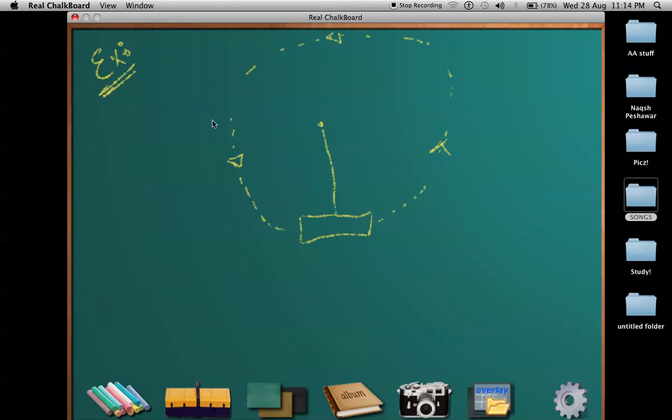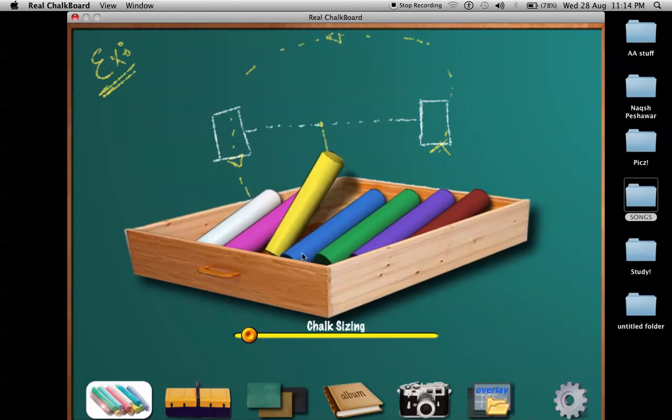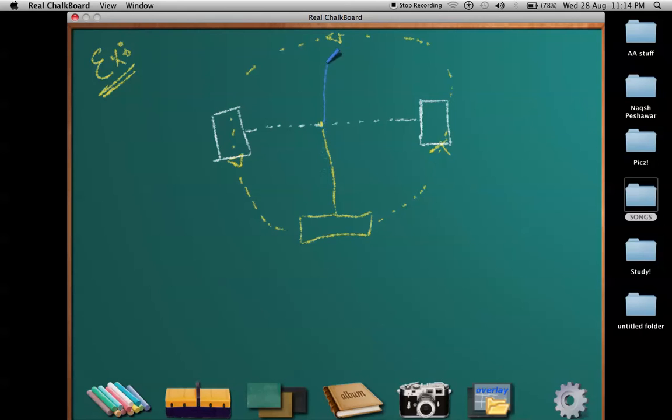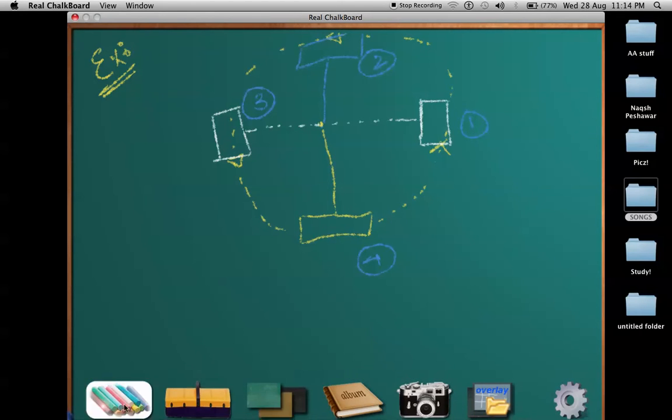At one point it's here, at one point it's here, and at one point it's inverted and it's here. Let's say this is 1, this is 2, this is 3, and this is 4. These are the four general positions of the object.